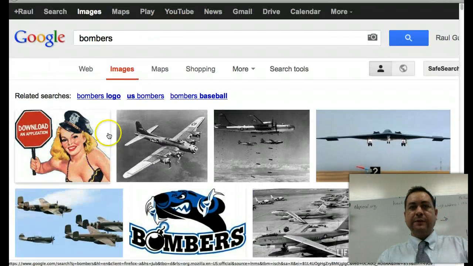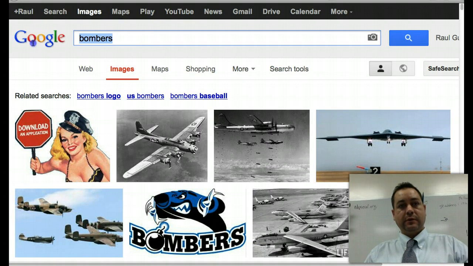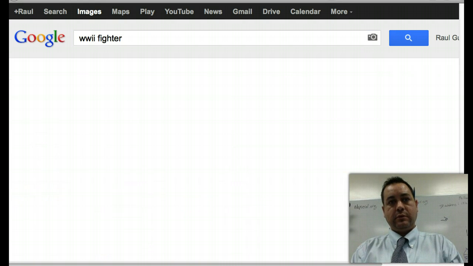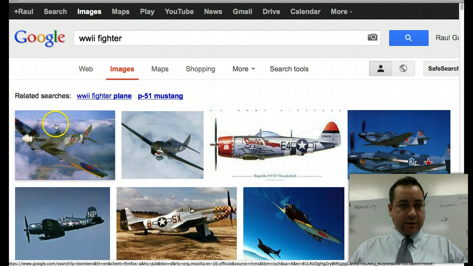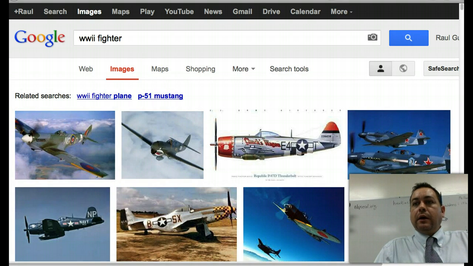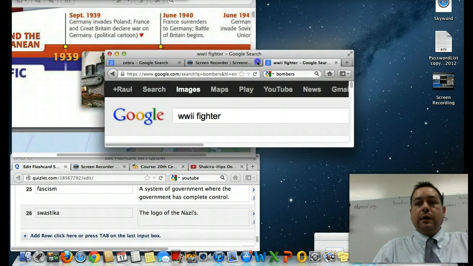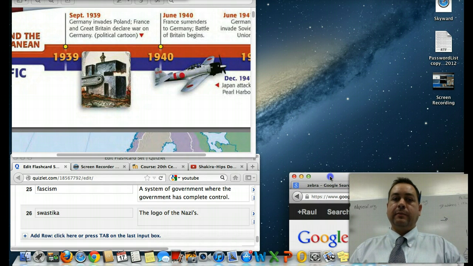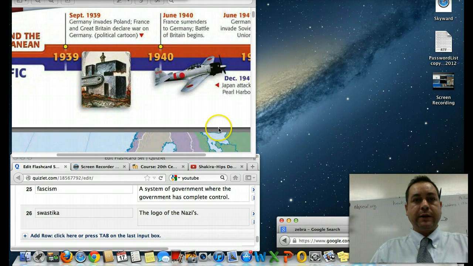There will also be some fighters there, these kinds of planes, small ones. And before we go, we'll watch a movie about the air wars that happened.